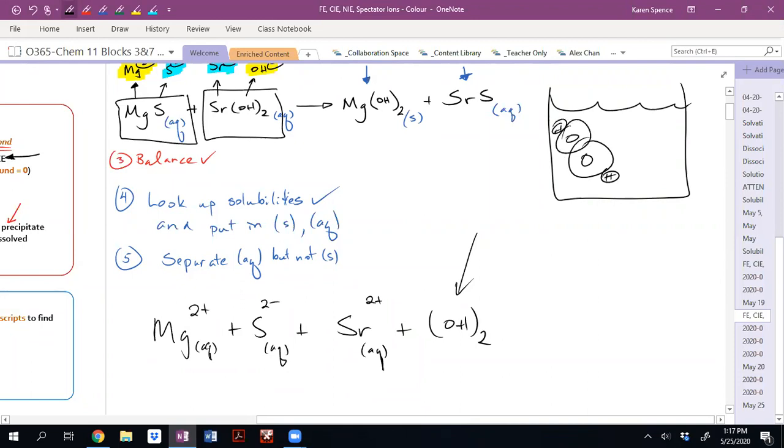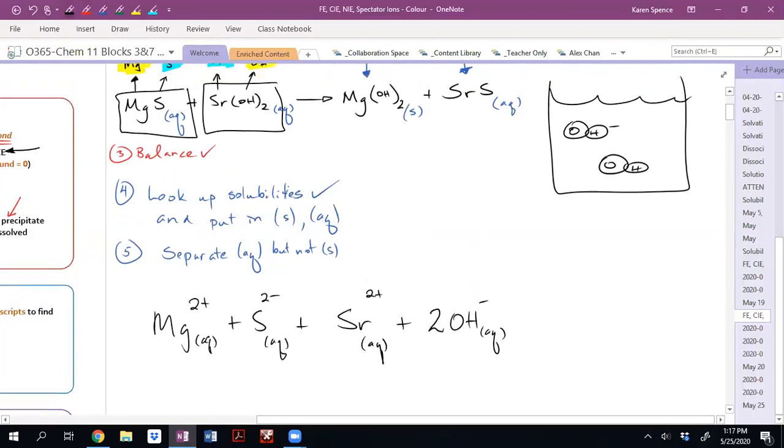I don't have OH2. I have 2 OHs, and they're floating around separately from one another. And the charge is missing, yeah, so I need to fix that. I don't want to write it as OH2. I want to write it as 2 OH minus and aqueous.